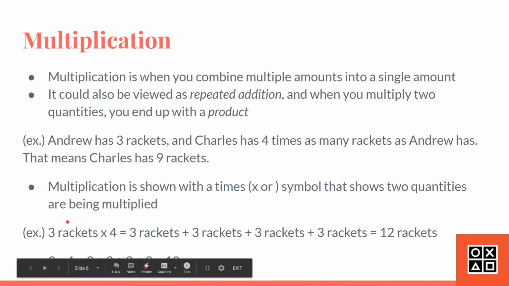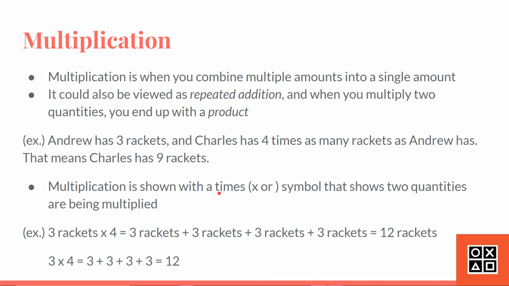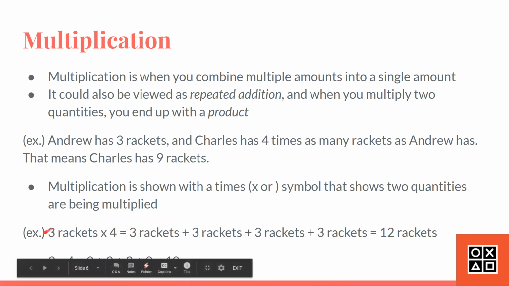All right, so multiplication is shown with the times. So here we go. 3 rackets times 4. So Charles has 4 times as many. So 3 times 4 equals, what this signals is that you are adding 3 four times.